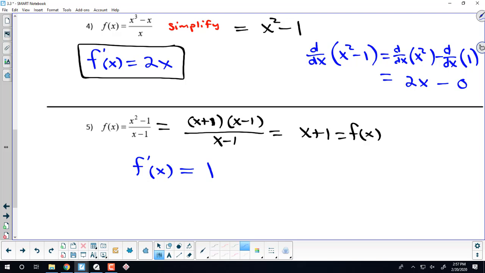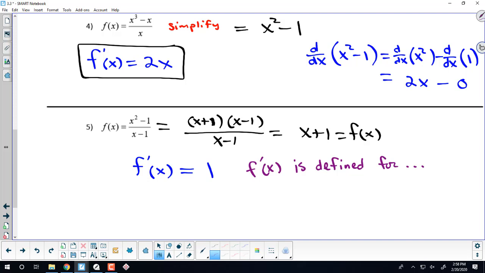Where is our derivative defined? All of x, certainly it appears that way because the function is constant. F prime is constant. You can plug any real number into a constant.